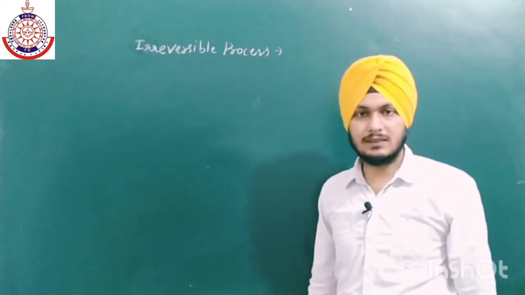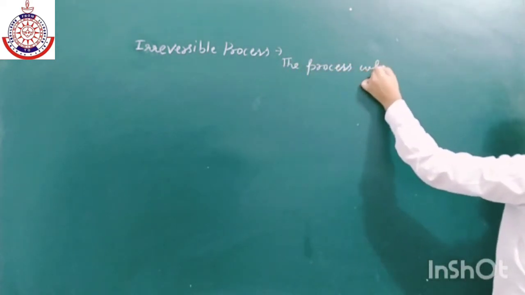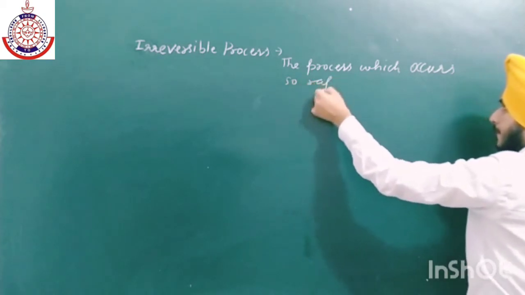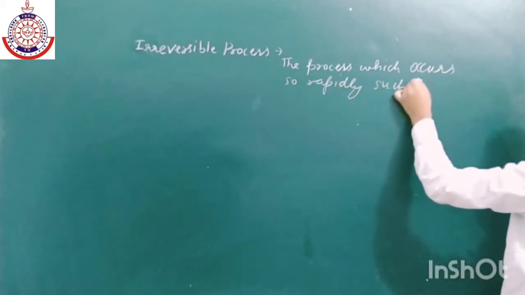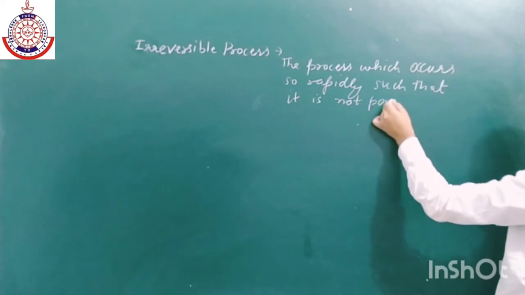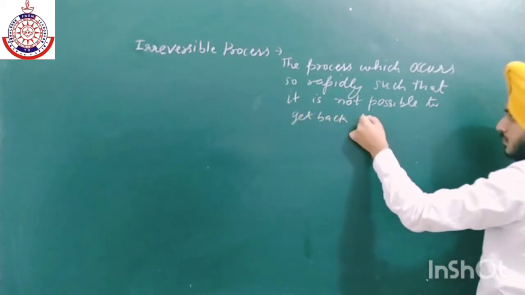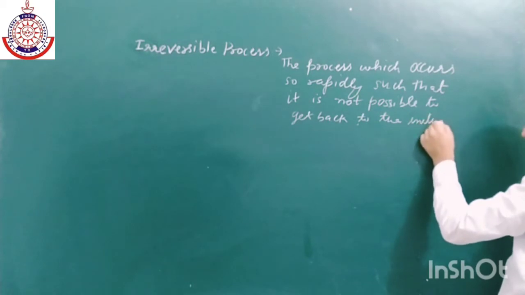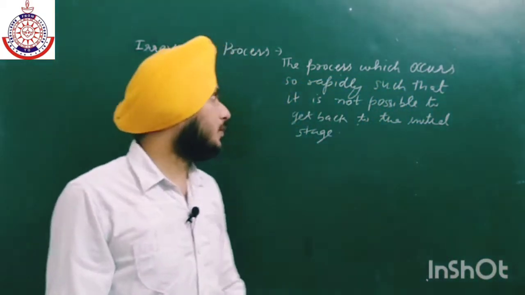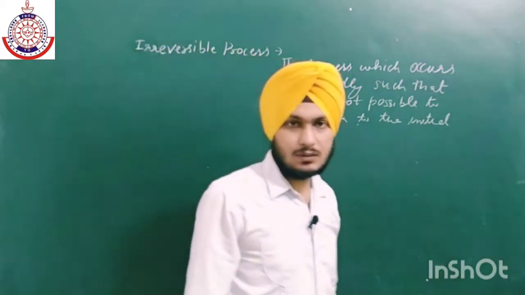Now what is an irreversible process? The process which occurs so rapidly that it is not possible for us to get back to the initial stage just by reversing all the steps.